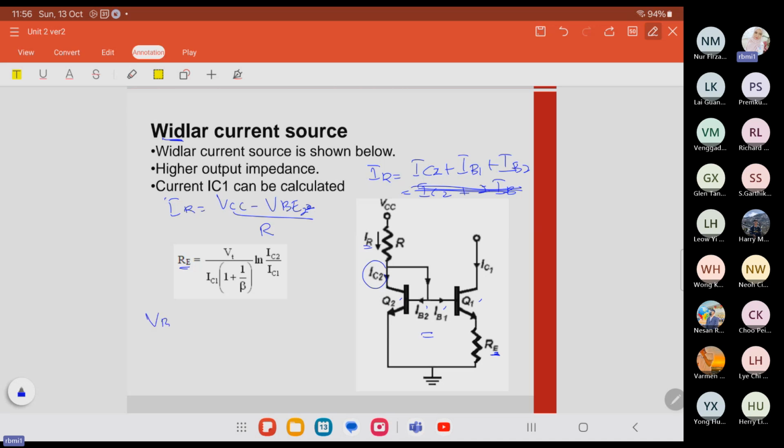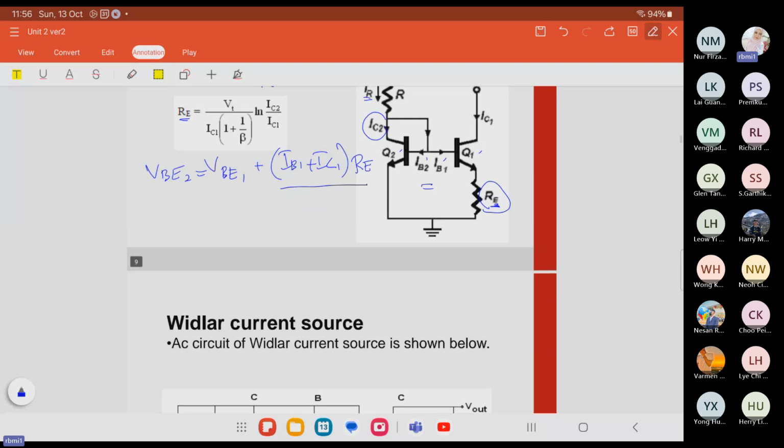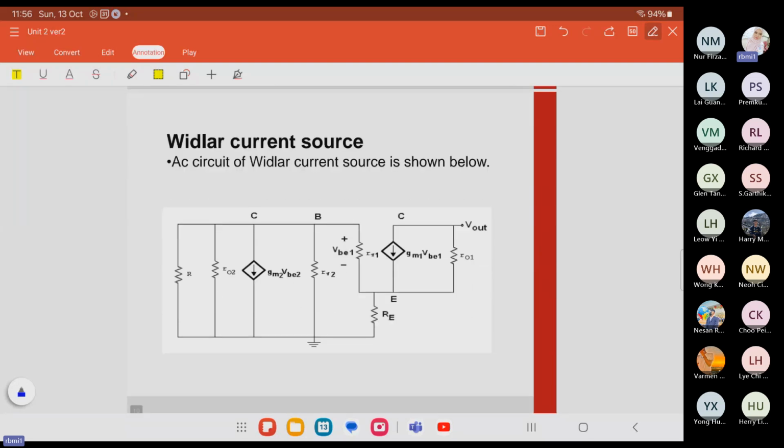Since it is not identical, VBE2 is equal to VBE1 plus IB1 plus IC1 multiplied with the RE. It has a slightly different value. The relation of beta is IC equals beta times IB, and IE equals beta plus 1 times IB, which is still similar. So this is the AC analysis for the Widlar current source with the existence of the RE here.